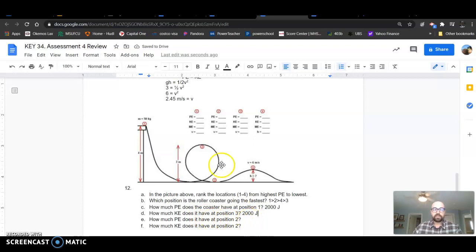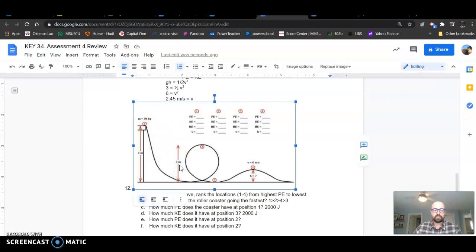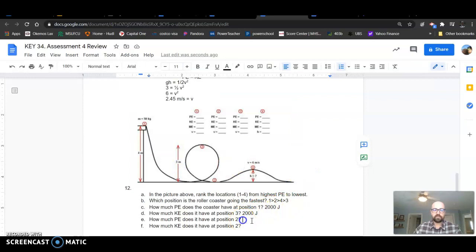How much potential energy at position 2? So m, 50, times g times 10, 500, times a height of 3, 500 times 3 is 1,500. So if it started with 2,000 joules of energy and at position 2 it has 1,500 of potential, then it must have 500 joules of kinetic energy.